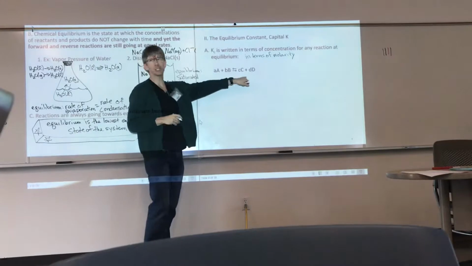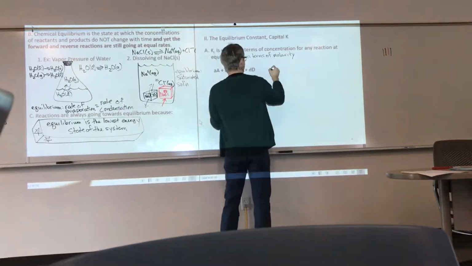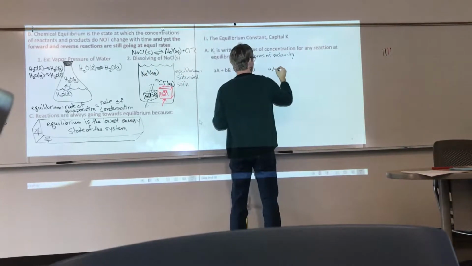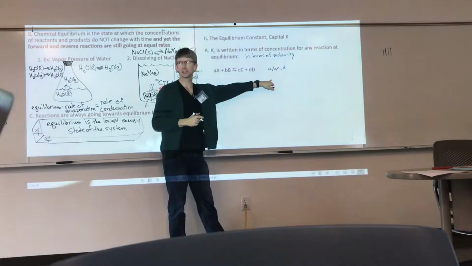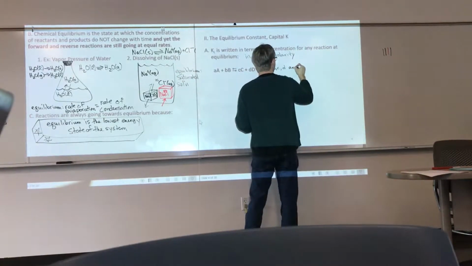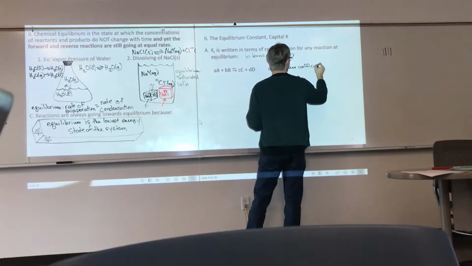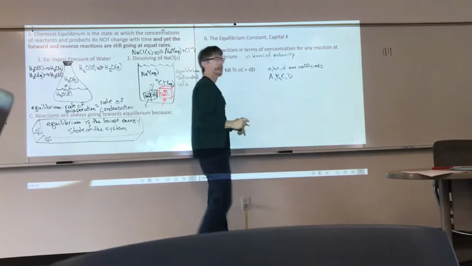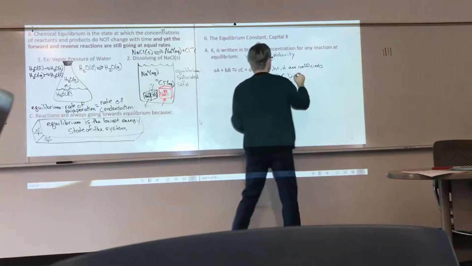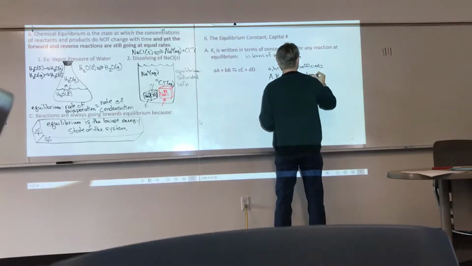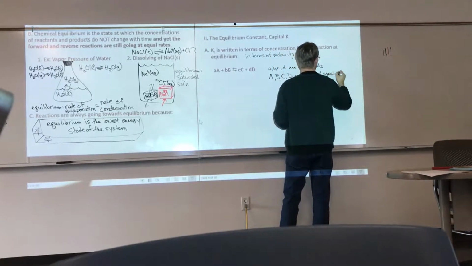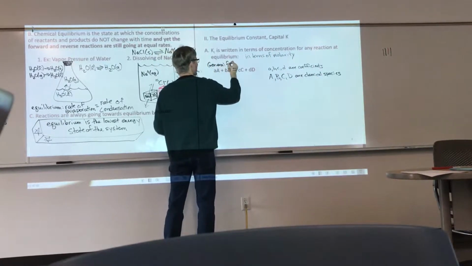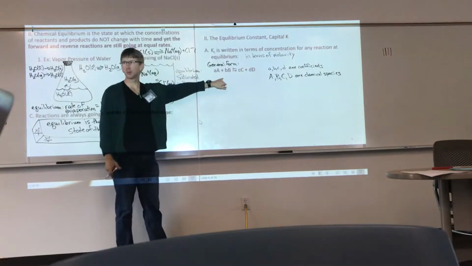All right, and so this is a generic reaction where little letters like little a are the coefficients. So a, b, c, d, the lowercase letters, are coefficients. Capitals are chemical species. And this is the general form of a reaction.